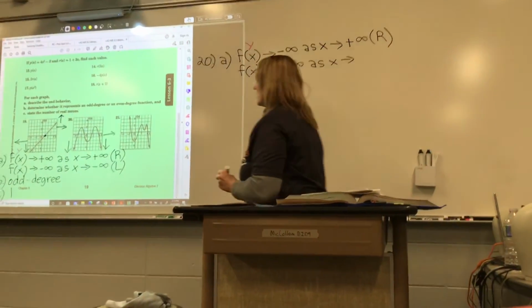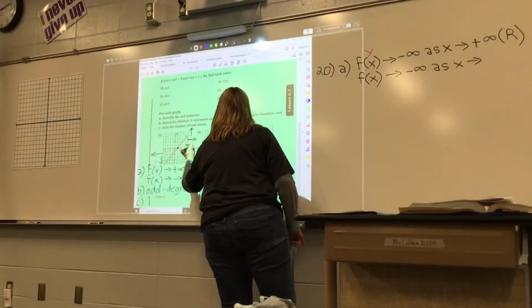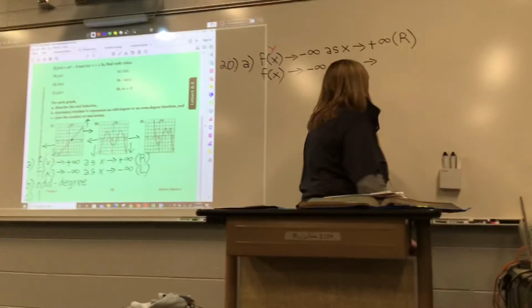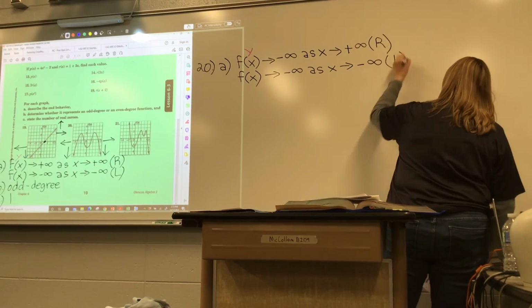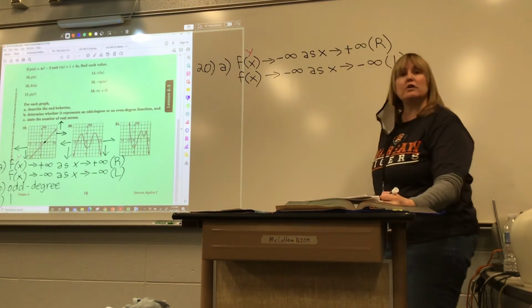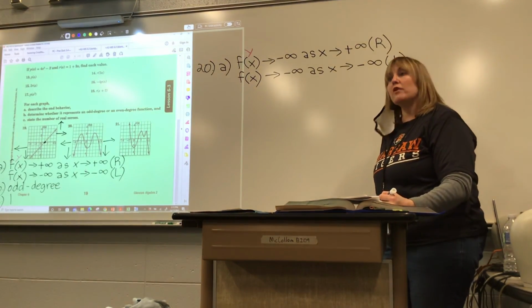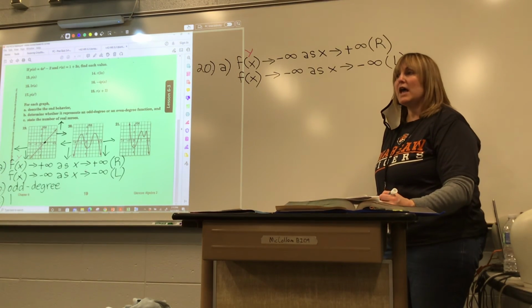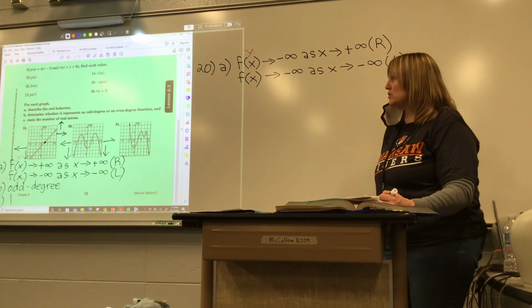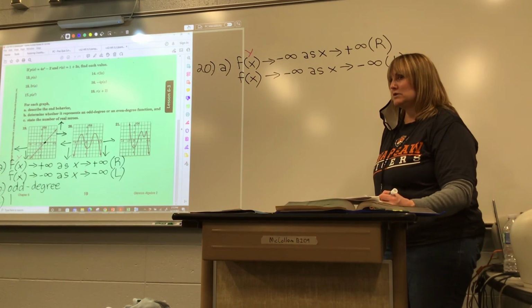Negative. They're not always the same, but I can tell you for sure, on the right end of any graph, x approaches positive infinity, and on the left end, x always approaches negative infinity. Does that make sense?